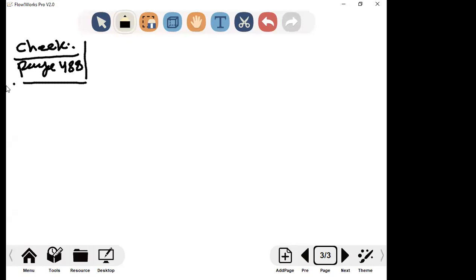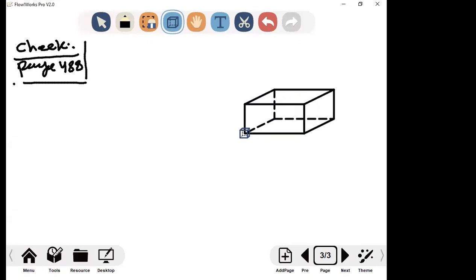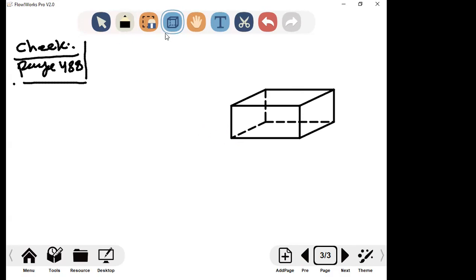Now the prism which we have is something like this, right? Here we have 1 and 3/10 feet. It is the length. 1 and 2/5 feet is the width. 1 and 1/5 feet is the height.